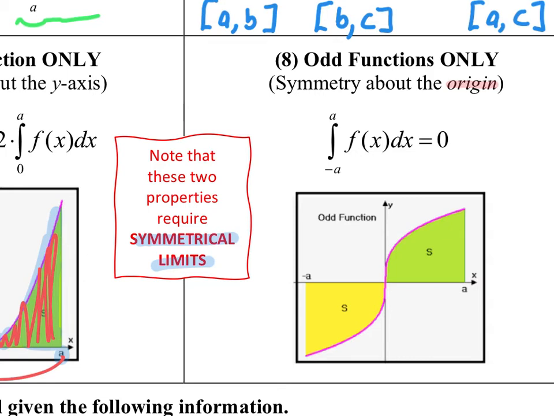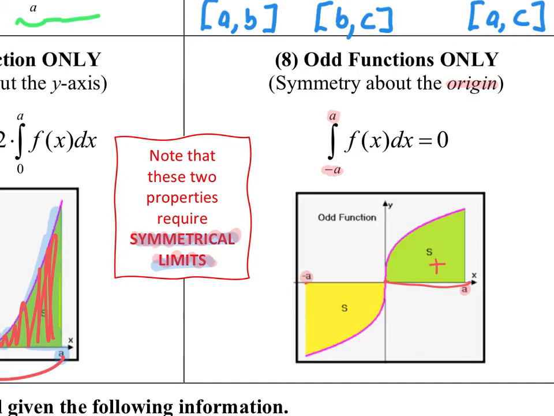If I look at the integral from negative a to a, and again, I'm requiring these limits to be symmetrical, so from negative a to positive a, the area that's generated from 0 to a, this green region, will be positive, and the area that's generated from negative a to 0, this yellow region, will be the same area.